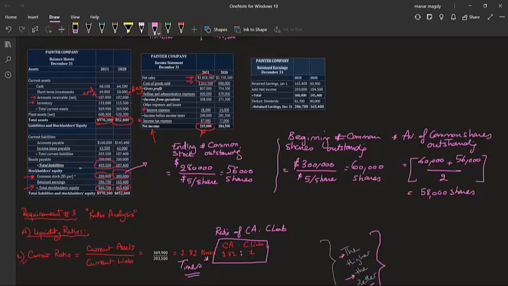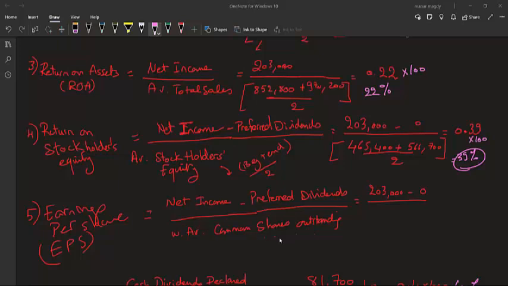Let's continue. So this is what we were calculating. The net income, we have it here. The preferred dividends is equal to 0. The weighted average, which we were calculating, the beginning plus ending, 60,000 plus 56,000, divided by 2, equals 58,000 shares.